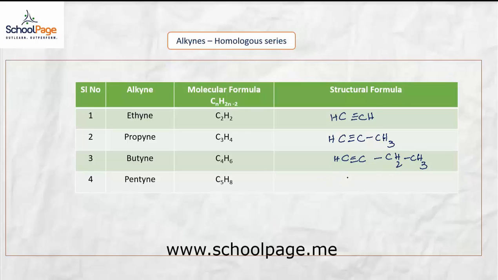And for pentyne, it is CH triple bond CH2 and CH3. Now observe the structural formula, the condensed structural formula of these alkynes. Again, it differs by a CH2 unit. They all have a general molecular formula CnH2n-2, and all of them have a single triple bond.